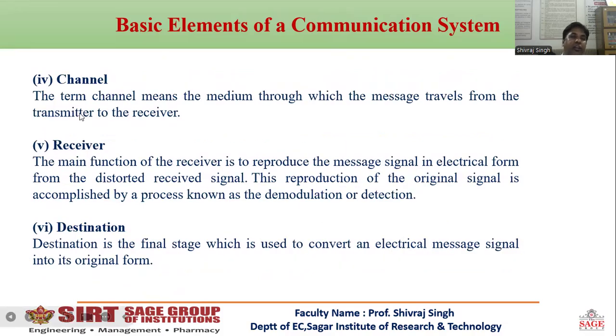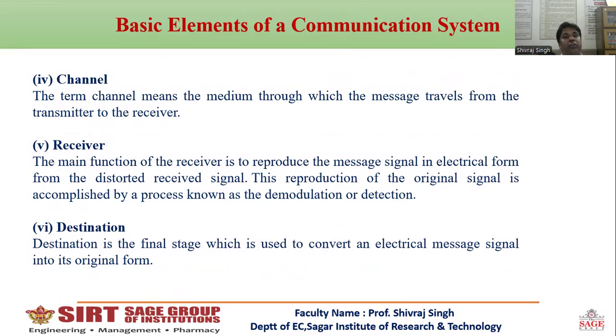Next, the channel. The term channel means the media through which the message travels from the transmitter to the receiver. Next, the receiver. It reproduces the message signal in the form of electrical energy, an electrical signal. In the receiver, we use the demodulation process.